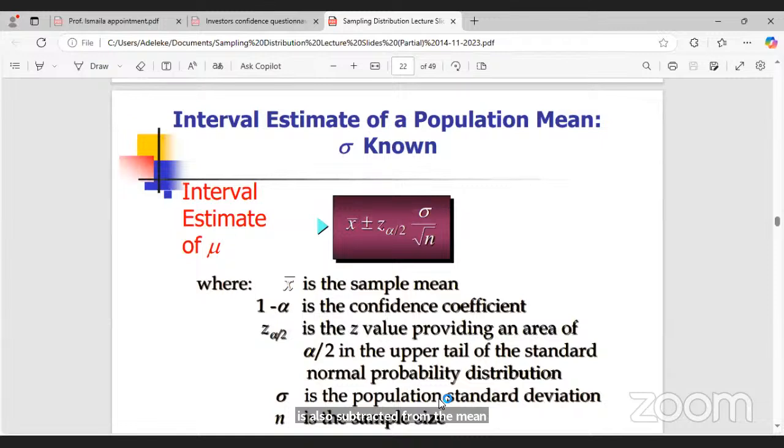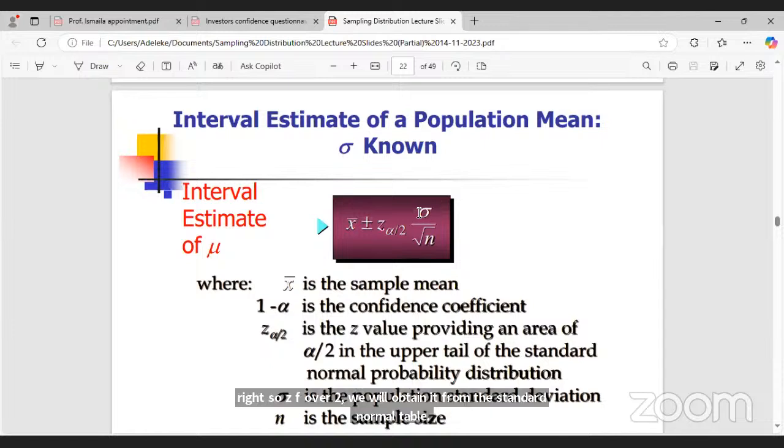This formula, X bar plus or minus Z alpha over 2 times sigma over root n, is the estimator for our interval. So it is the interval estimator. So Z alpha over 2, we will obtain it from the standard normal table.